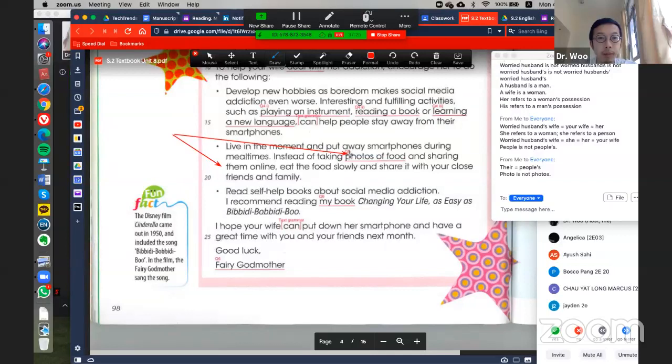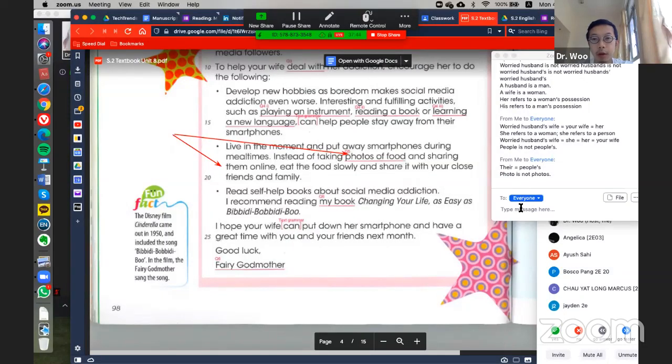Here we are. Photos. More than one. Instead of taking photos of food and sharing photos of food online. Makes sense. So I think in this case, them is photos of food.